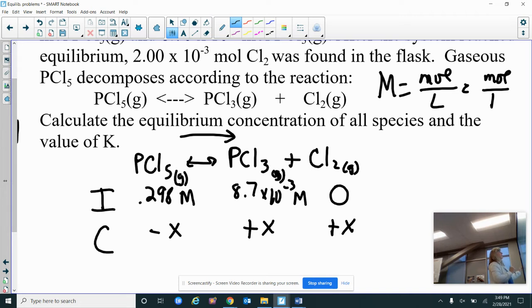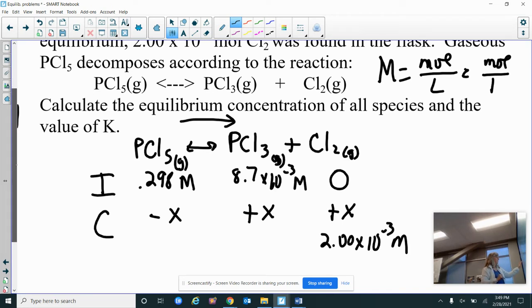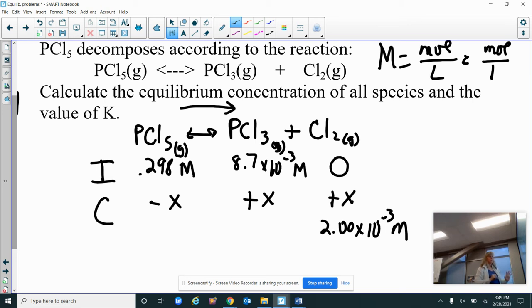The other piece of information given is that at equilibrium, 2.00 times 10 to the minus 3 moles of Cl2 was formed. So again, we can make that a molarity because it's 1 liter. So we're dividing. All right. So that's what we have so far for our ICE chart.